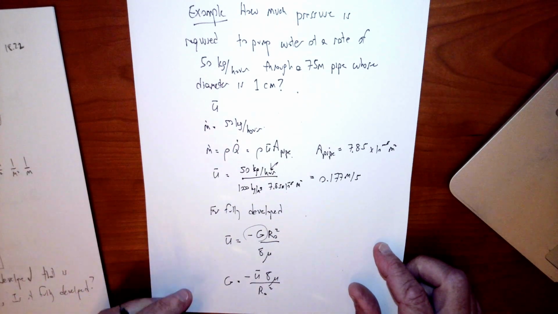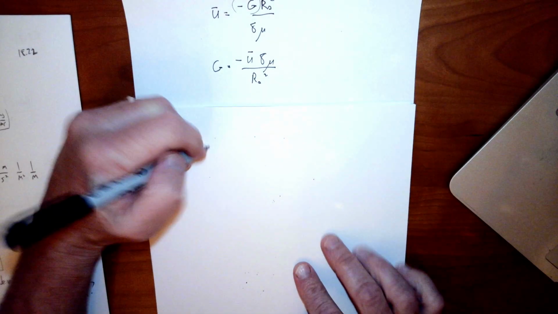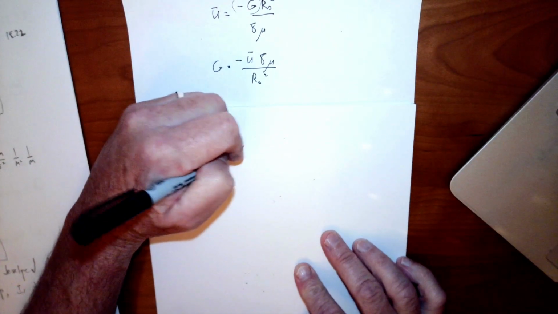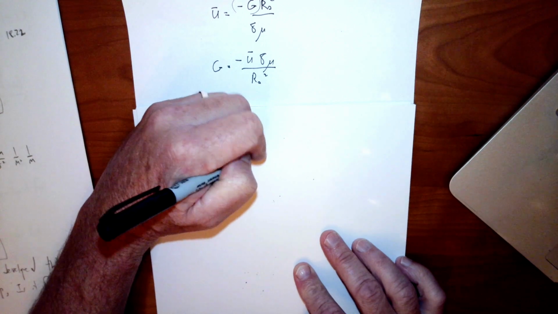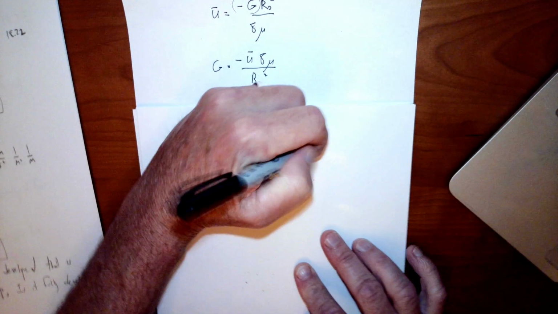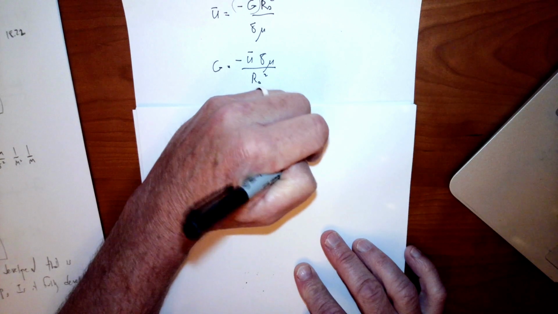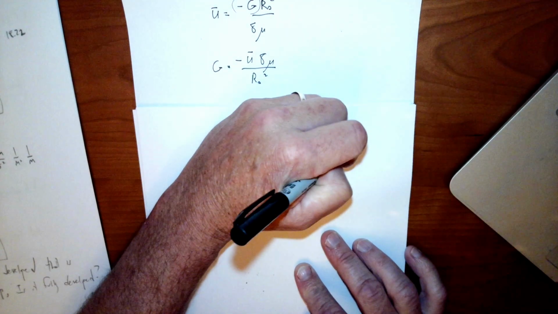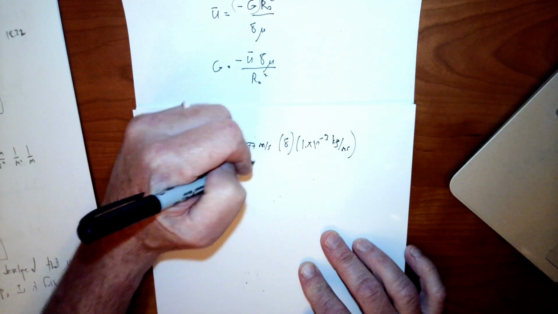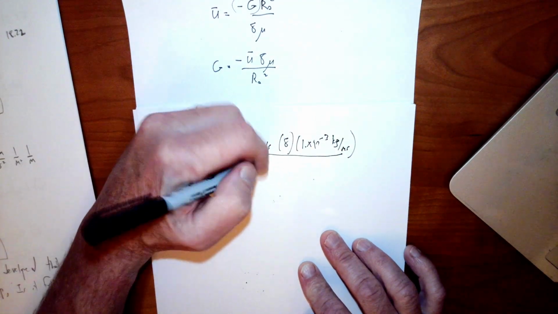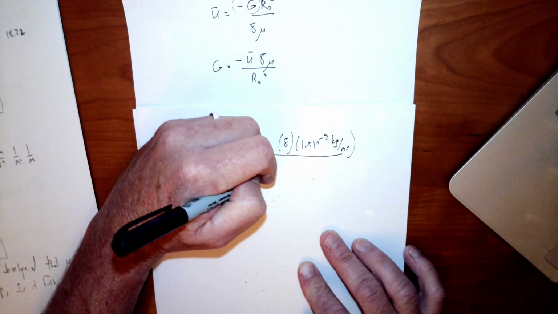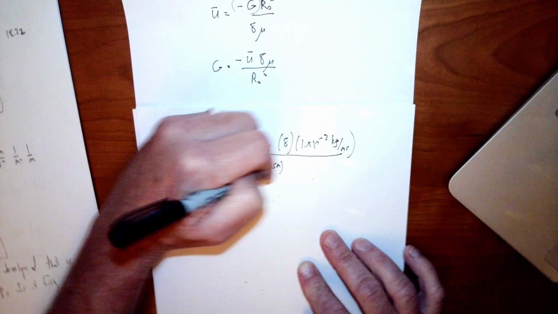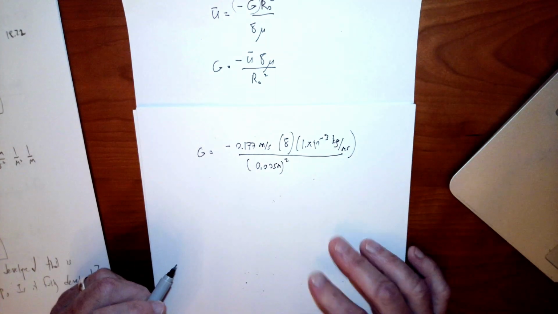So I have all those numbers, and I'm going to plug them in. G is equal to minus 0.177 meters per second times 8 times 1.0 times 10 to the minus 3 kilograms per meter second, that's my mu for water, and then in the denominator I have 0.005 meters squared, which is my R naught squared.